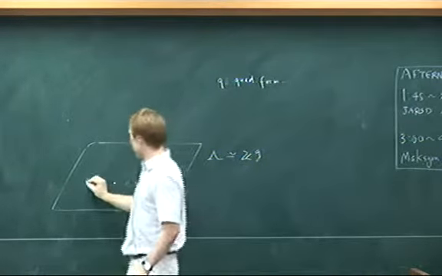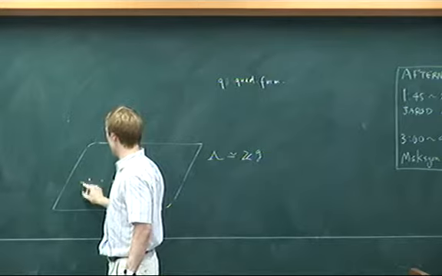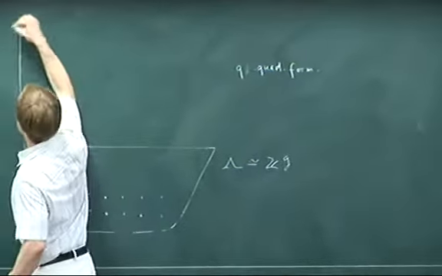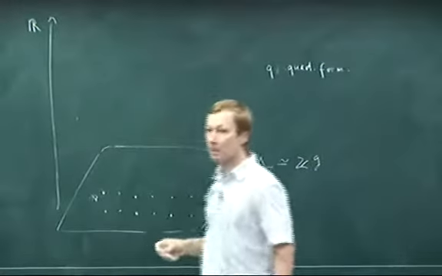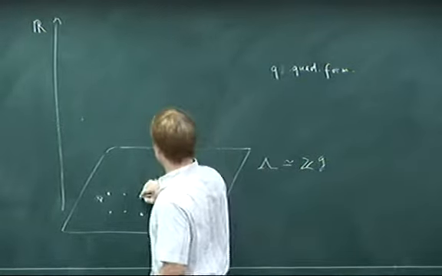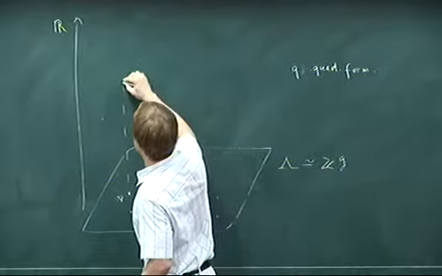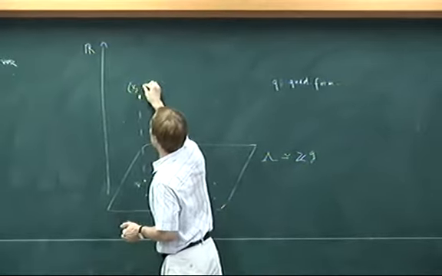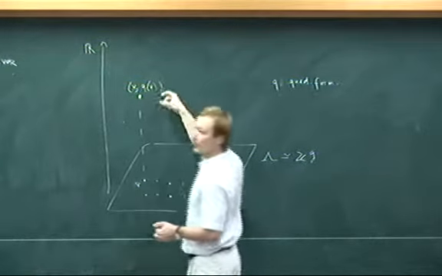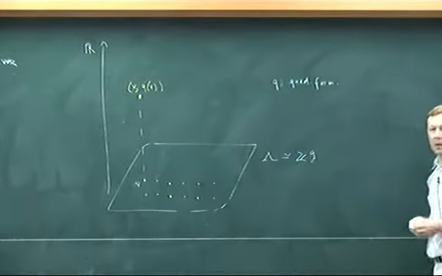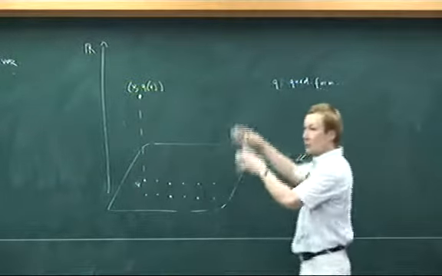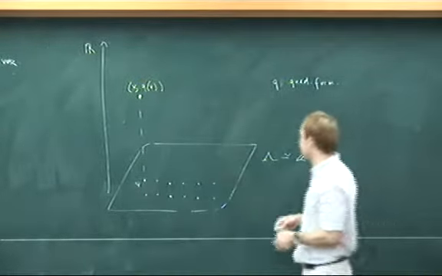Then for every vector v here, we add one more direction, which is R. And over this vector v, we take a point which has the coordinates v and q(v), where q is the quadratic form. And so we have infinitely many points here.